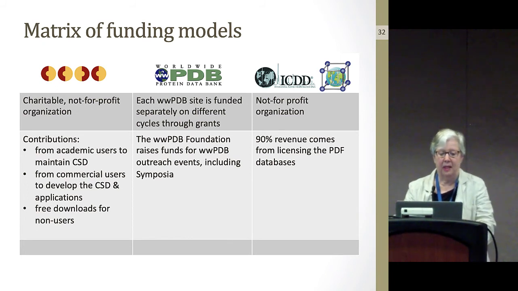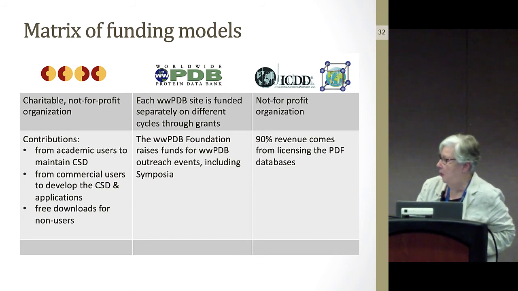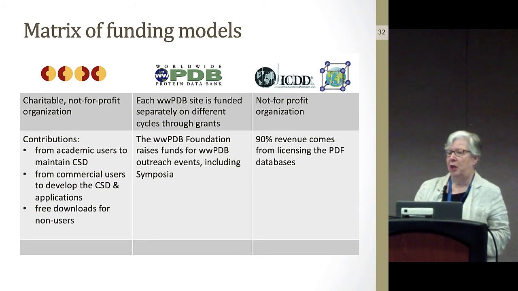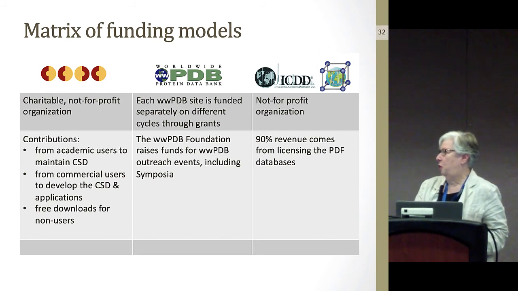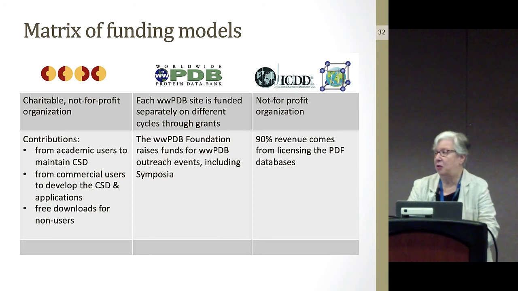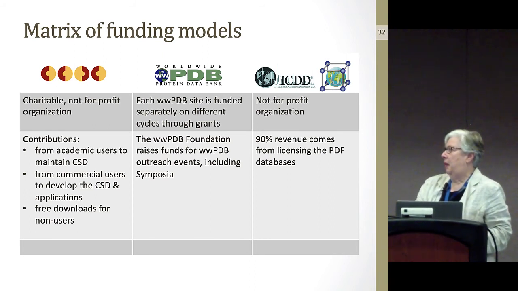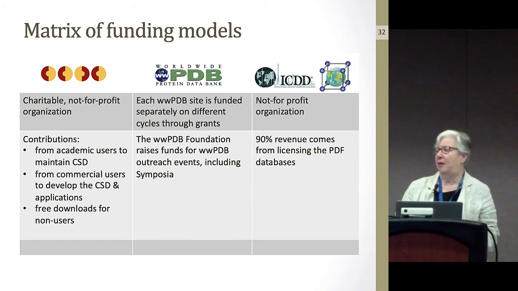The CCDC is a charitable not-for-profit organization. They get contributions from academic users, which helps maintain the CSD, and the commercial users help develop the applications, provide the money to develop the applications. The wwPDB, as you've heard, is funded by mostly grants and some foundation money.